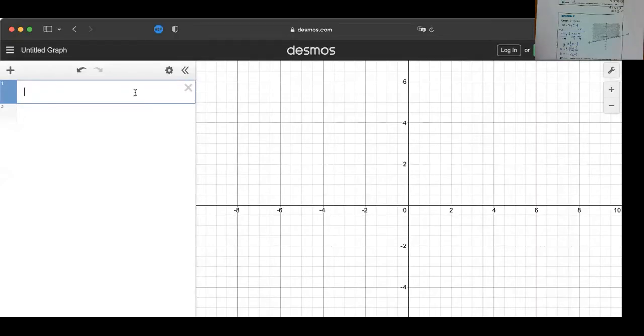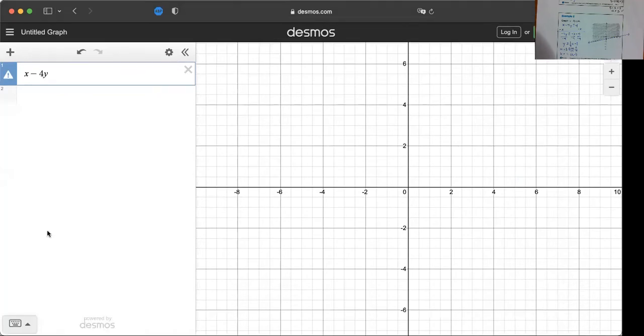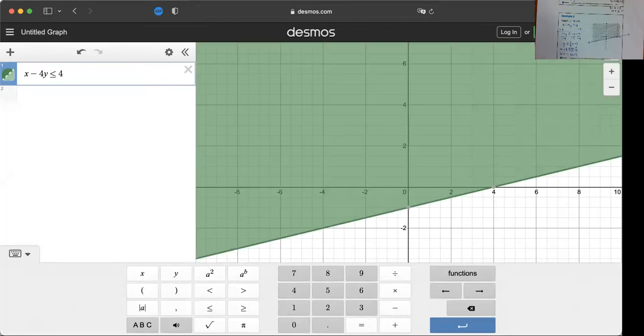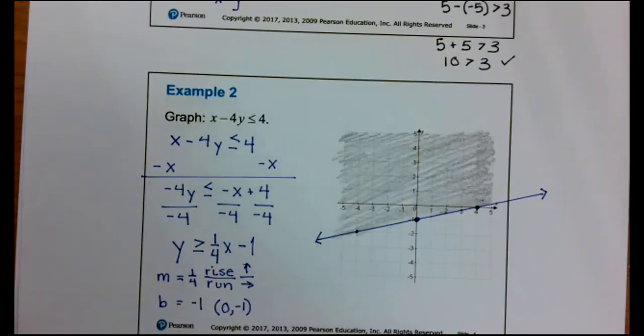I'll put in the original equation, x minus 4y is less than or equal to 4. All right, so I have a solid line through the points 0, -1, and 4, 0, and I have shaded above it. So that matches what I have here.